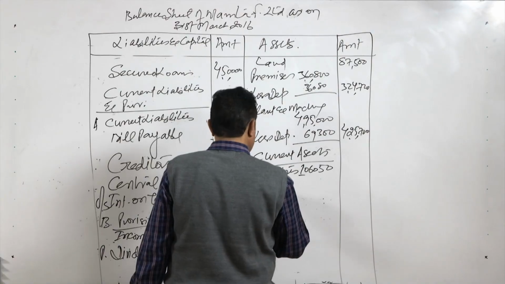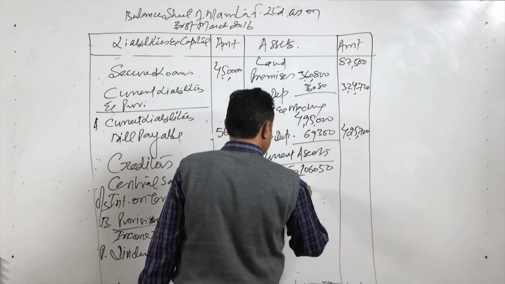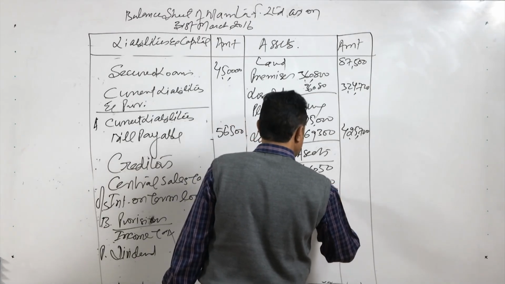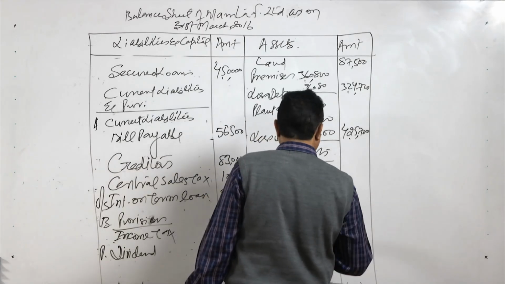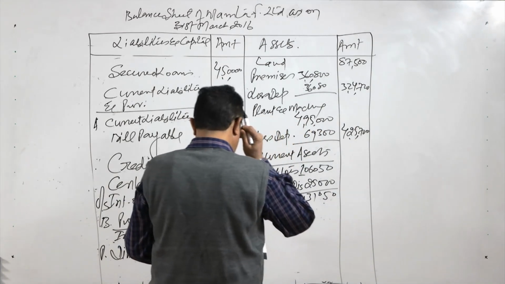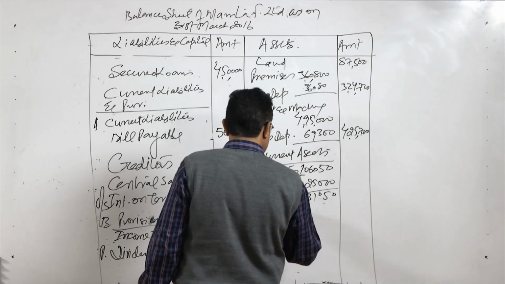So we have to add bills dishonored, which is 25,000. So this amount works out as 1,31,050.